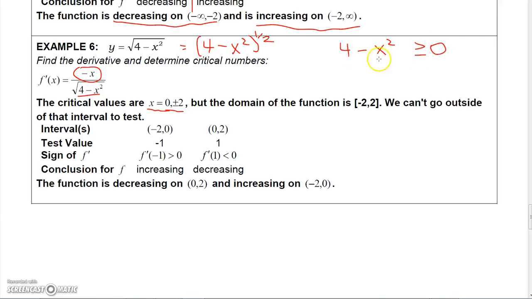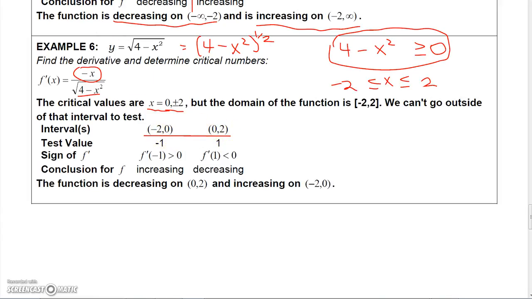And actually, if you solve this inequality, you'll find out that the solution is that x must be between -2 and 2. So basically the domain of this function is limited. What that tells me is that I can only go from -2 to 2.